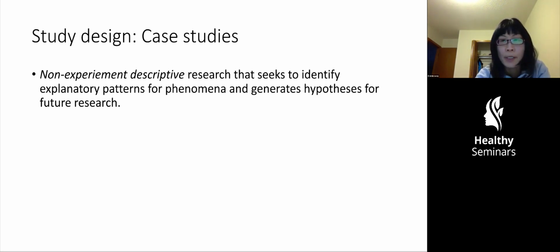So there may be quantitative and qualitative data that is collected through observation, interview, and other forms of assessment. And the idea is to explore and also predict the response to a treatment or observe the natural history of a disease.